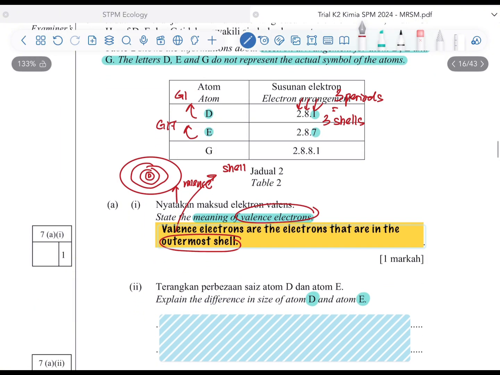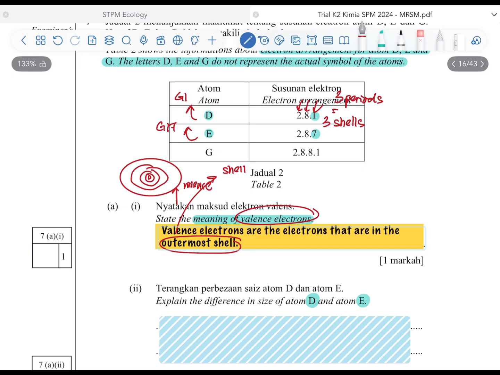In this question, A2 is asking about the periodic characteristic across period 3. This is quite famous, and many examiners like to ask this kind of question.